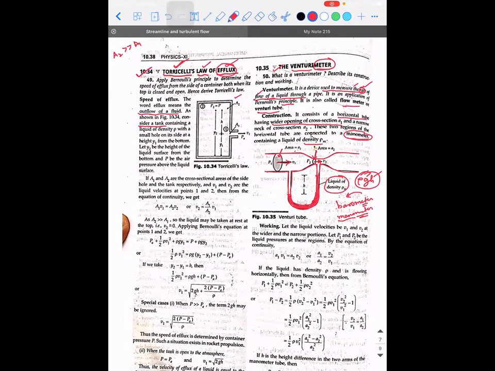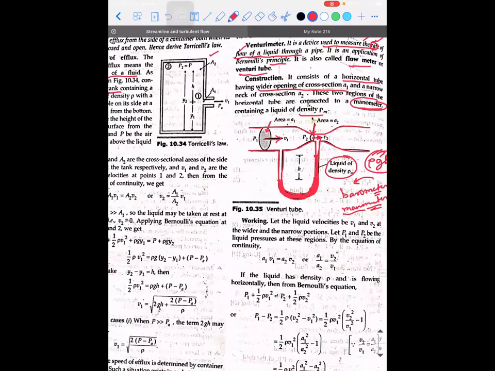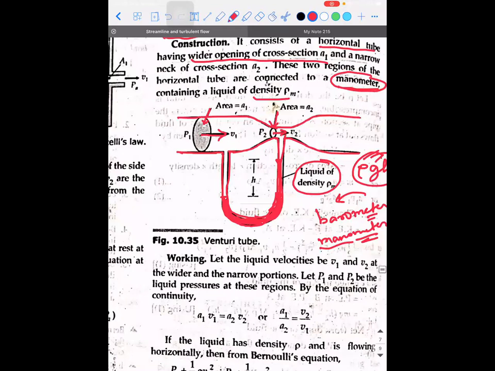Okay, so this you can color in red. Can you zoom in the diagram? Fine. Did you copy it?